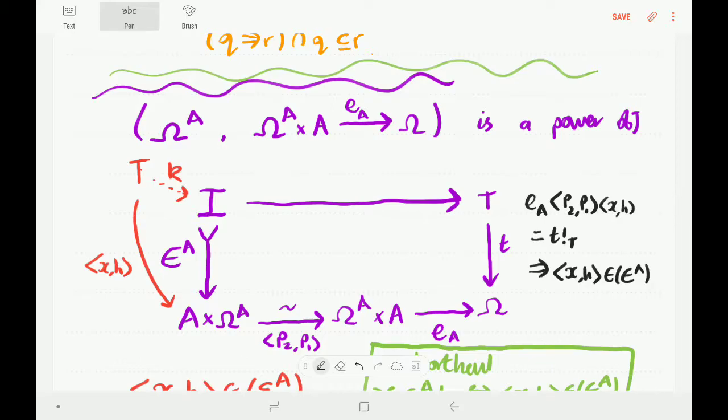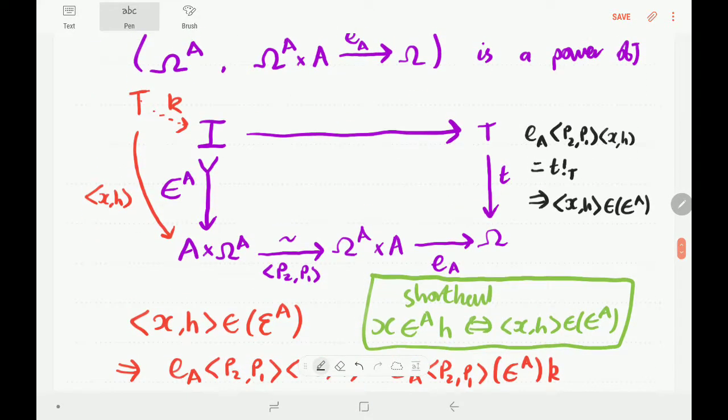So because of this, we're going to have that E, so the twist is P2, comma P1, so we have the E after P2, comma P1, operating on some generalized elements, so a T element x of A and a T element h of omega to the power of A. We have that doing E after the twist on that is equal to true if and only if x, comma h is in this ∈ to the power of A relation here.